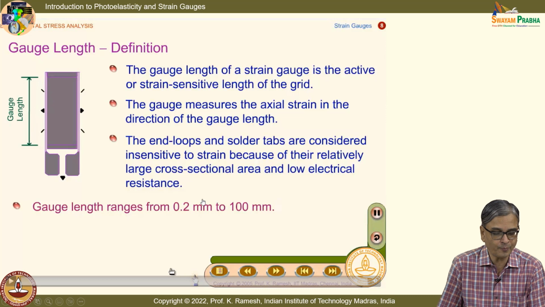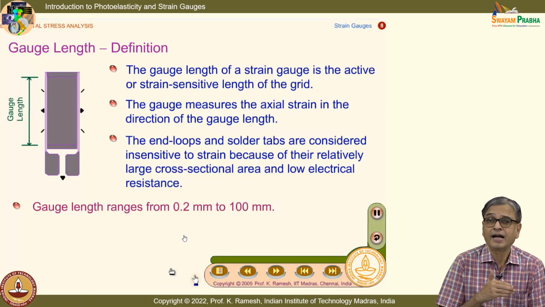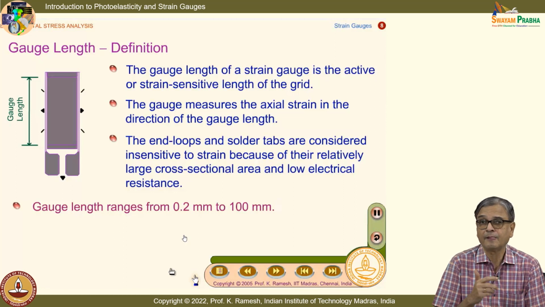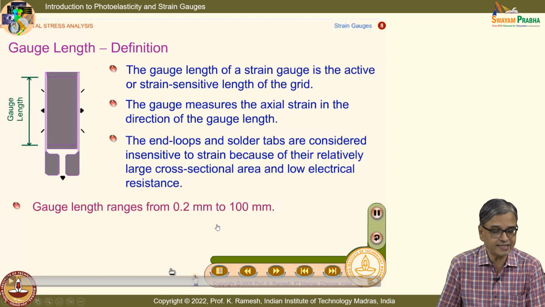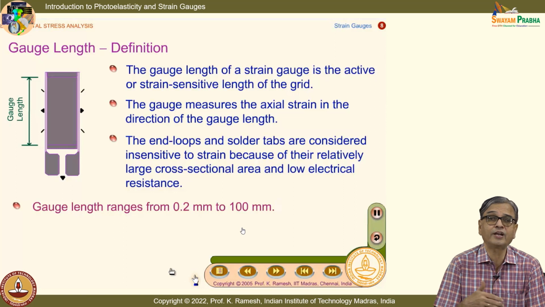If I go for 0.2 millimeter, it is going to be very expensive, and even the measurement technique has to be very sophisticated. So, the common strain gauge lengths are in the range of 3 millimeters, and you use 100 millimeter length on heterogeneous materials, because you would like to have an average of the strain over a length.